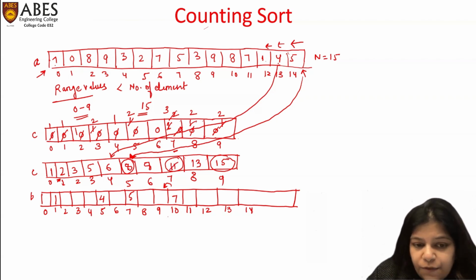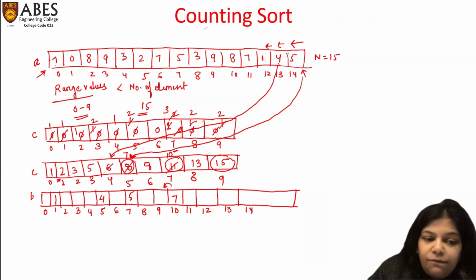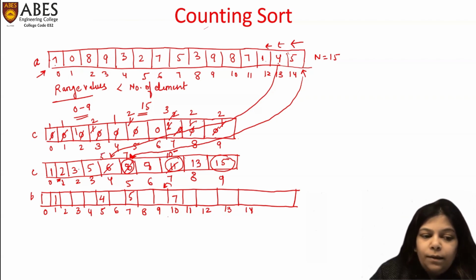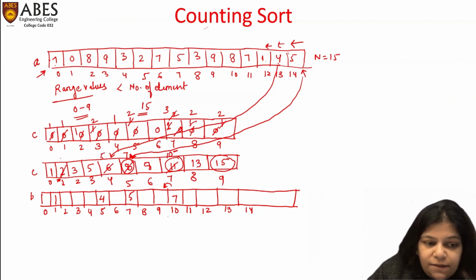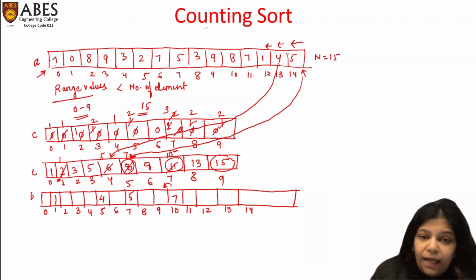So what we are going to do is decrement this value by 1. Whenever we are storing a number, at the same time, we will keep on decrementing this value by 1, so that whenever we get the same value again, it will be stored on the index just prior to the previous index, right? So we have just now stored 7.